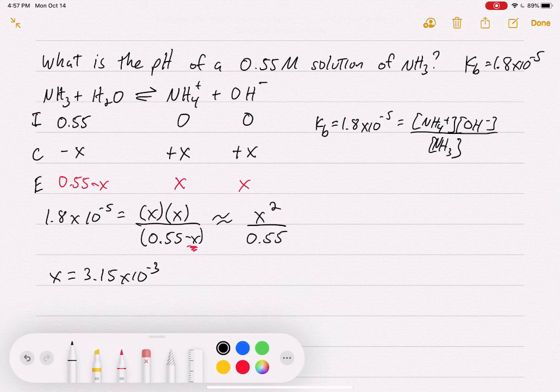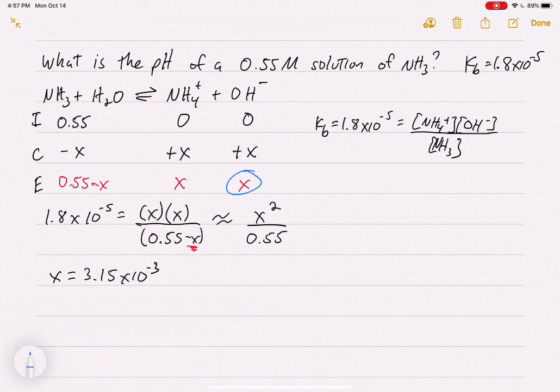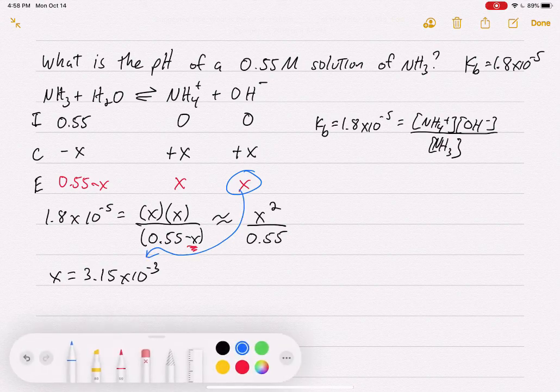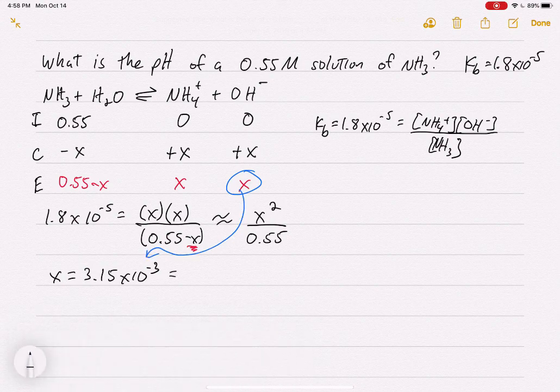Now, when we look at what X is actually equal to, we see that X here is actually equal to the concentration of hydroxide ion. And so with that, we can take a pOH value. So pOH is going to be equal to the negative log of 3.15 times 10 to the minus 3.